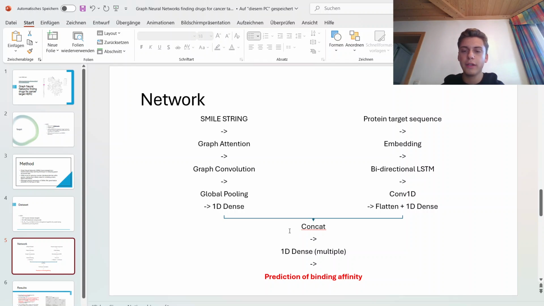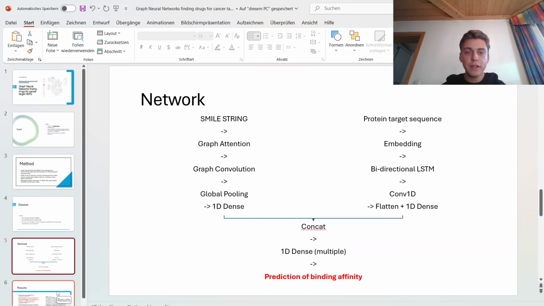These are then concatenated and then fed into multiple 1D dense layers as well. And in the end, we have the prediction of the protein binding affinity, or protein-ligand binding affinity, and that is exactly what we want. And all activation functions are ReLU, just to include that.